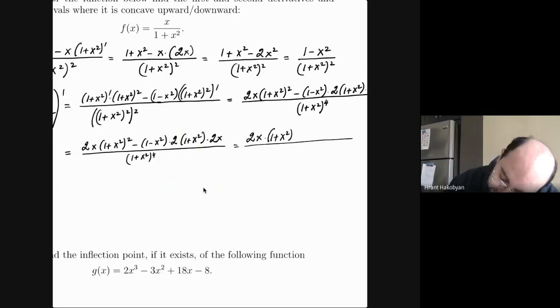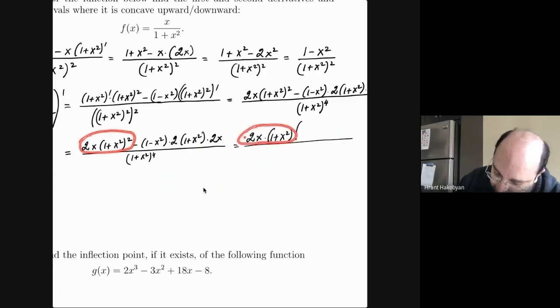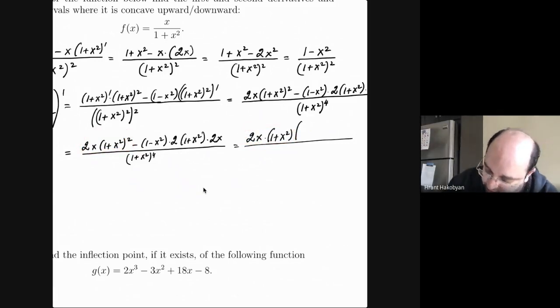That's the only thing I can factor out. So in the first term, if I factor out 2x times (1 plus x squared), then what's remaining is one of these 1 plus x squared, so I can write 1 plus x squared.